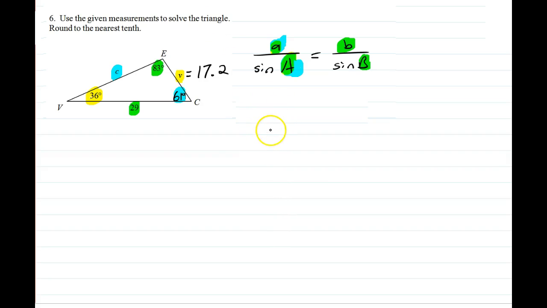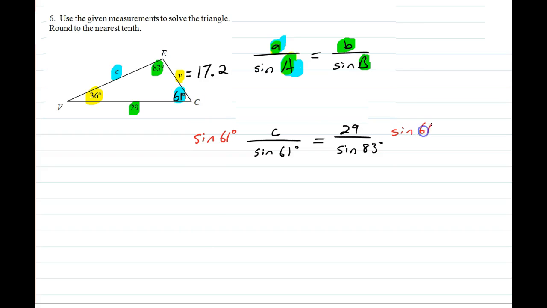And so this gives us c over the sine of 61 degrees is equal to, and we're still going to use the 29 and 83, so 29 over the sine of 83 degrees. Work that out on your calculator. And here we just multiply both sides by the sine of 61.